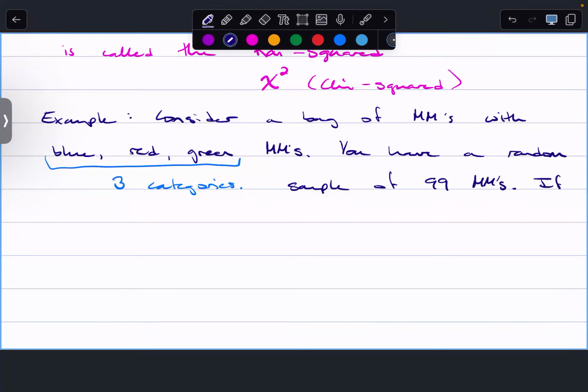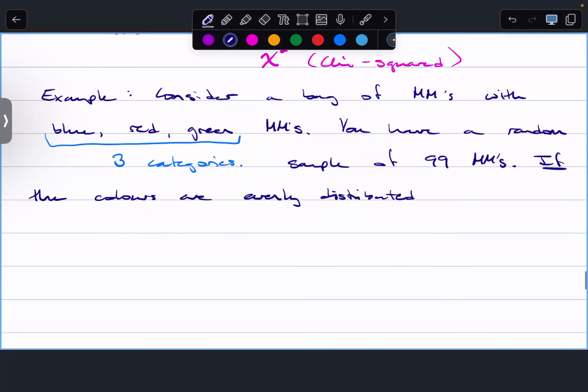And so if the colors are evenly distributed, which is something that we're usually interested in, kind of an even distribution or some expected distribution is what we're going to work up to, right? So if the colors are evenly distributed, how many of each color would you expect?